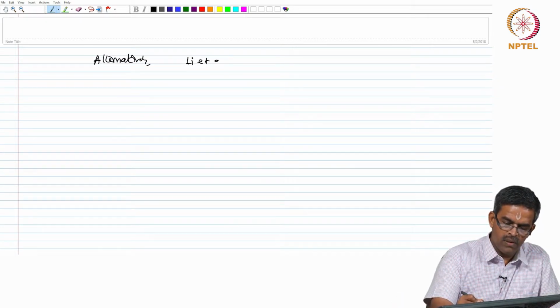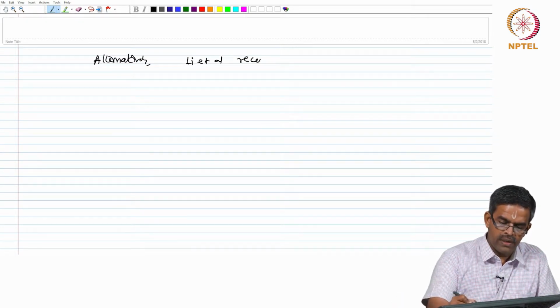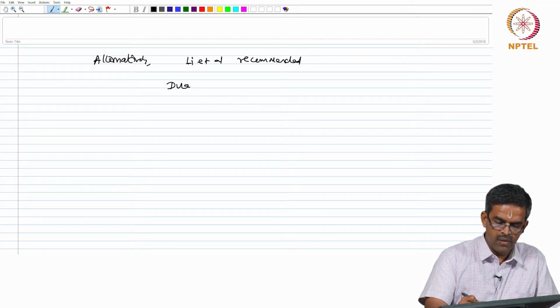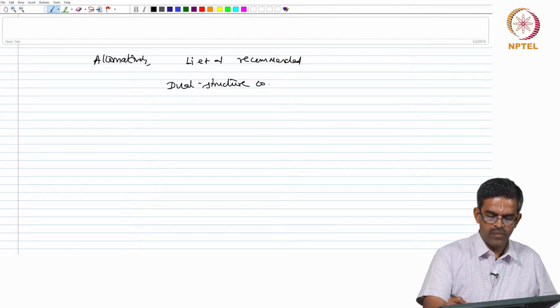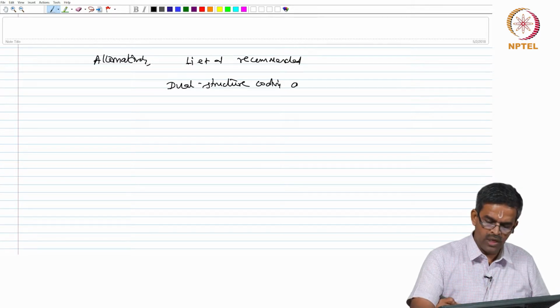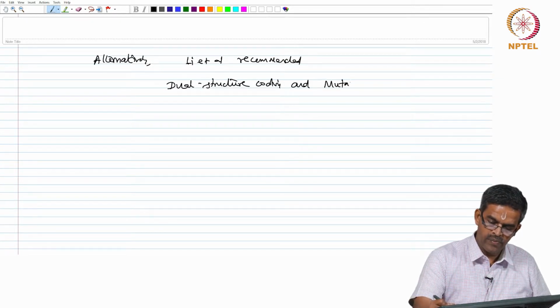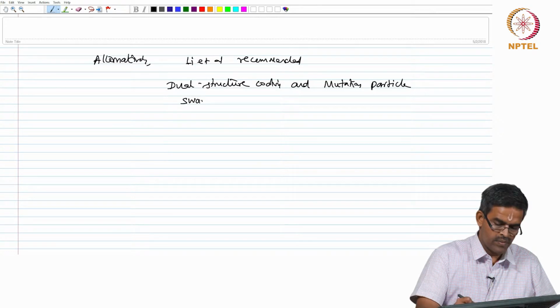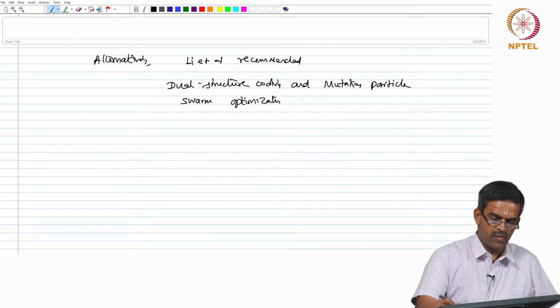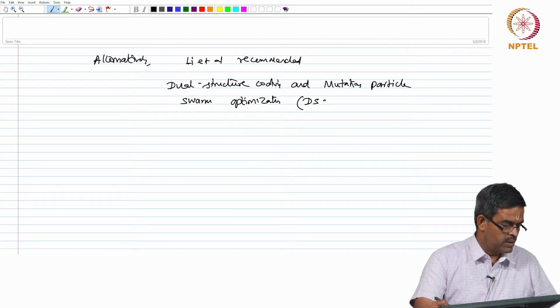Lee et al. recommended dual structure coding and mutation particle swarm optimization, that is the DSCMPSO algorithm.